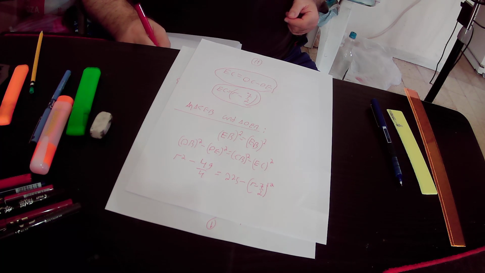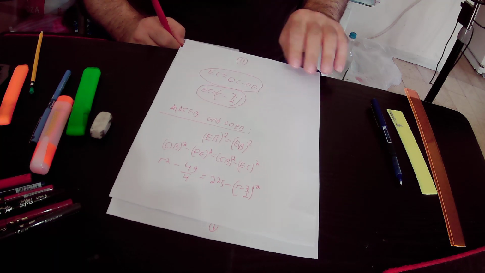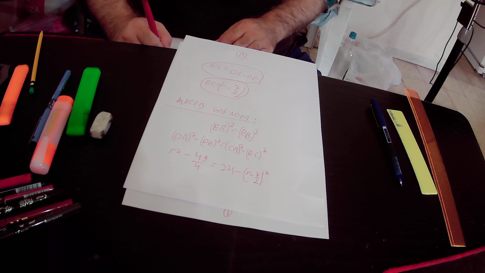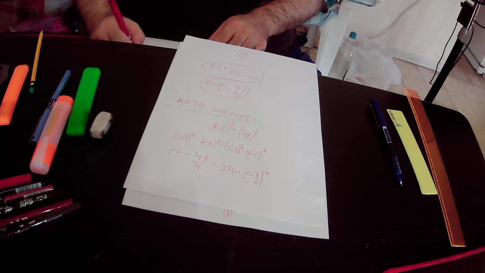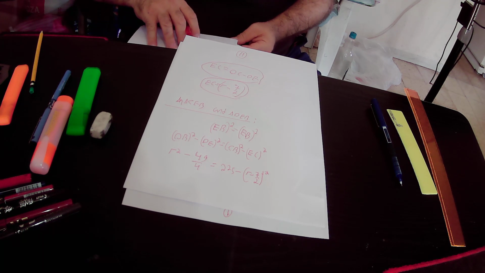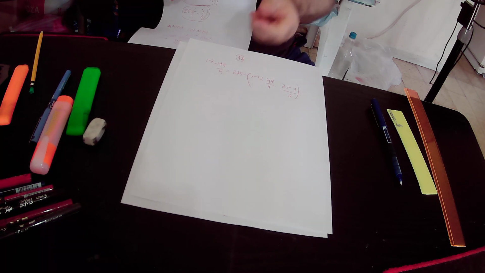Okay, so R square minus 49 over 4 equals 225 minus, so R minus 7 over 2 squared is actually R squared plus 7 over 2 squared, which is 49 over 4, minus 2 times R times 7 over 2. So in total we got this equality.